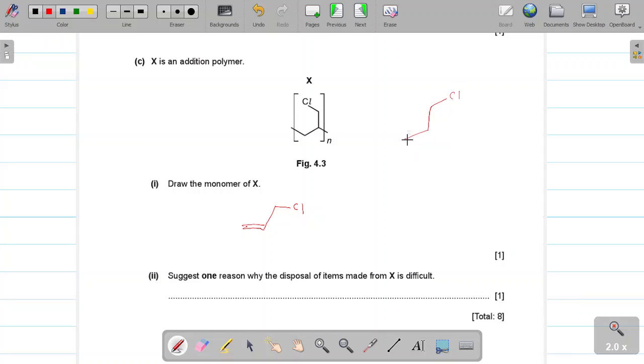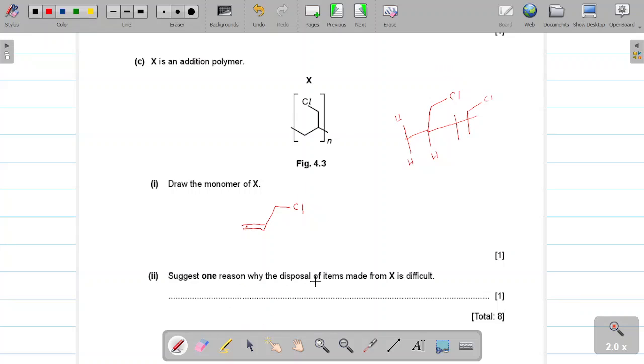These are hydrogens, which are assumed here. Hydrogen, hydrogen, hydrogen, and they will just form a next bond here. And this structure will just repeat. Right? The structure will just repeat over. So this is our monomer.